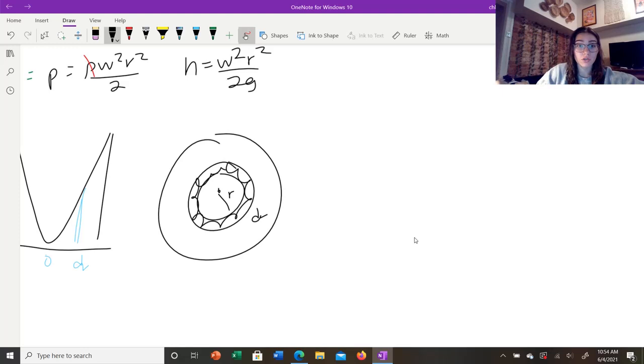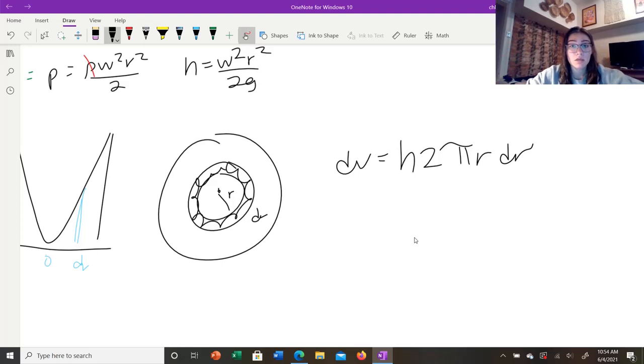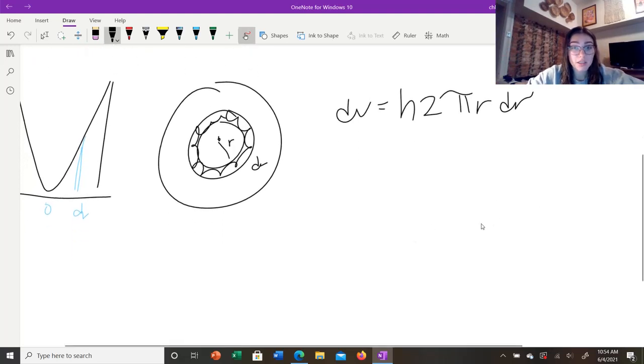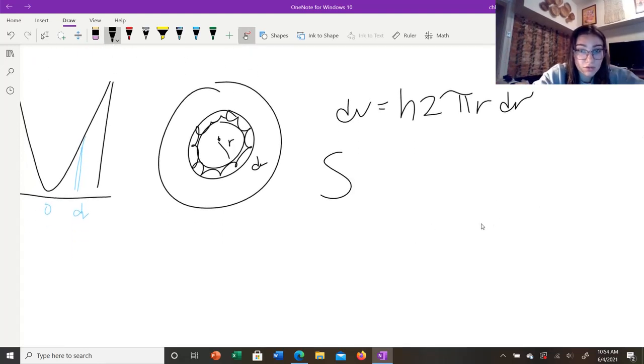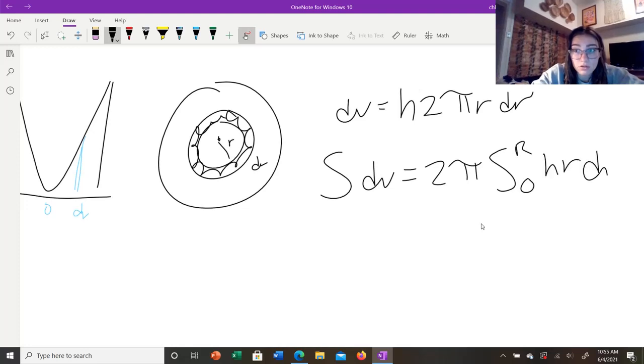So we have dV equals h 2 pi r dr. So we're going to integrate. The integral of dV equals 2 pi integral from 0 to big R of hr dr.